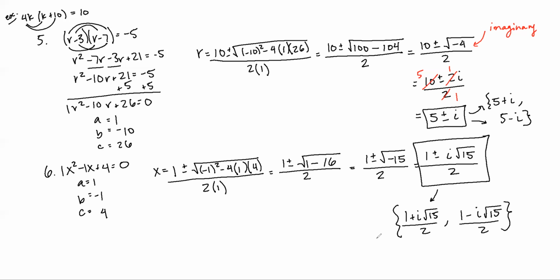The last part of this section talks about the discriminant. The discriminant is the part under the radical, so the b squared minus 4ac.